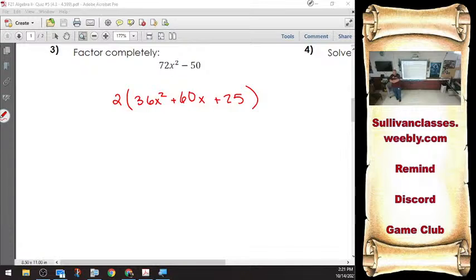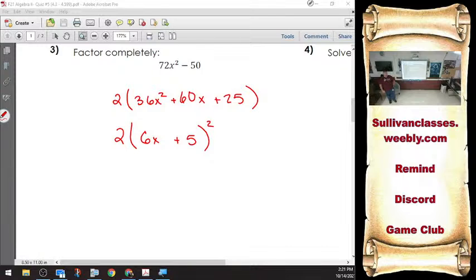Now what? I'm just asking, what if this happened? Then you do 36 times 25. Are A and C perfect squares? They are. Does it have a middle term? Yes. So you've got to know those special forms.